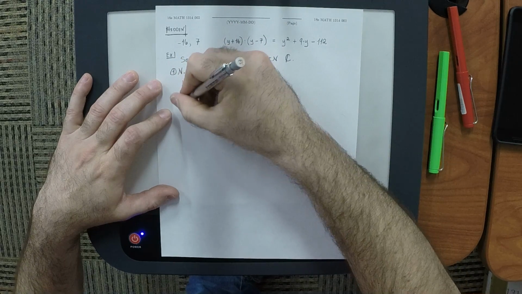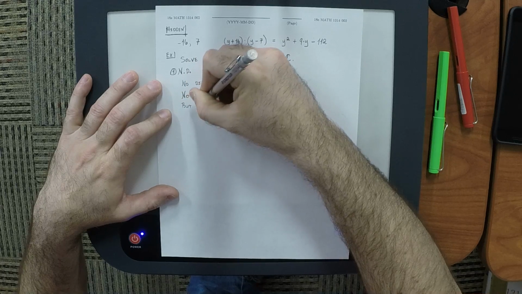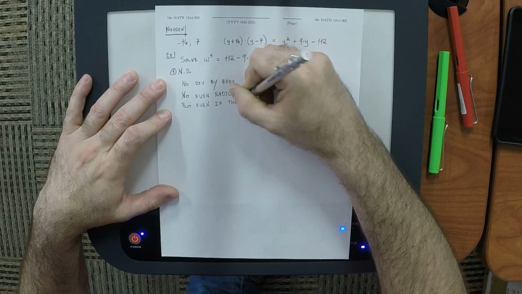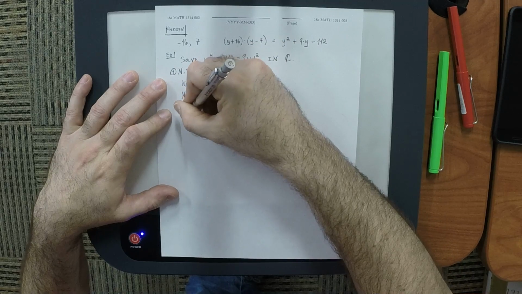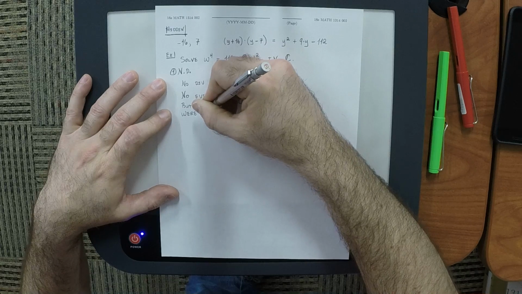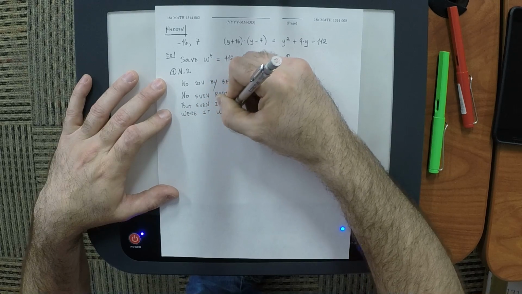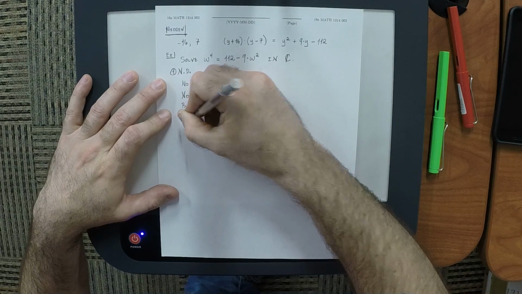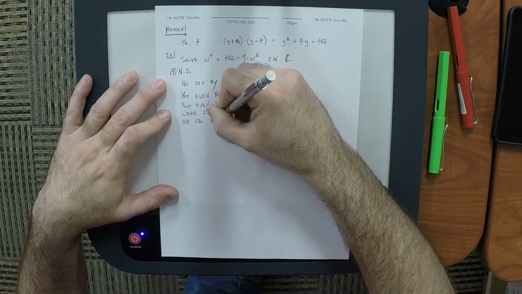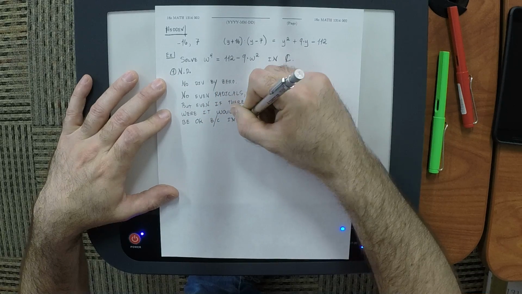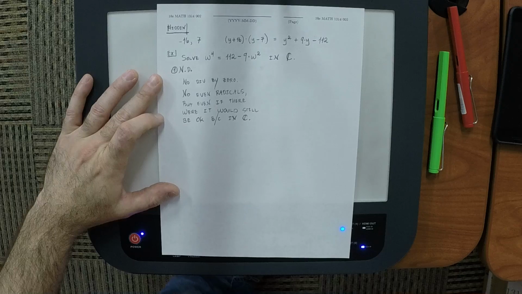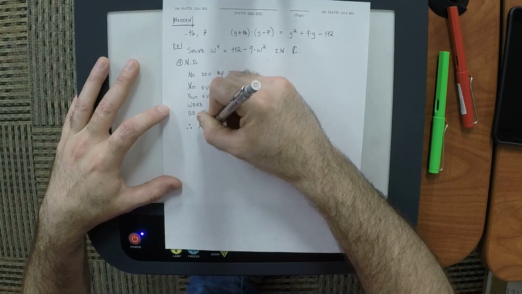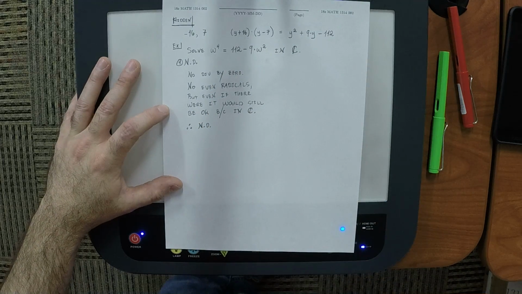But even if there were, it would still be okay, because we're in the complex numbers. As a result, what is the natural domain of this in this exercise?